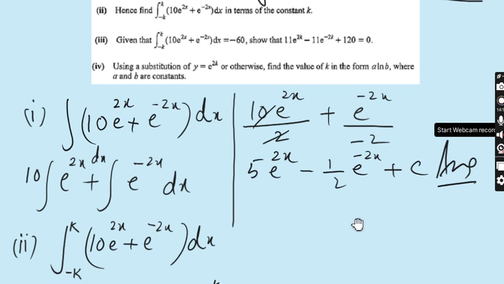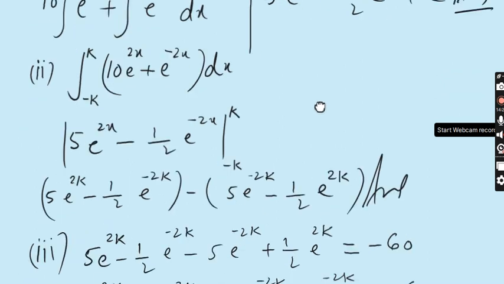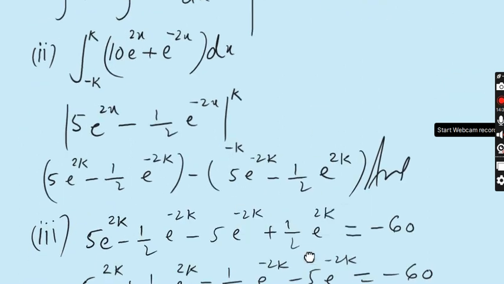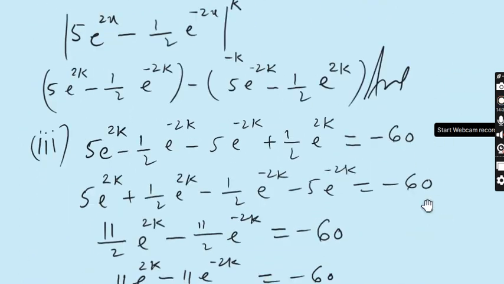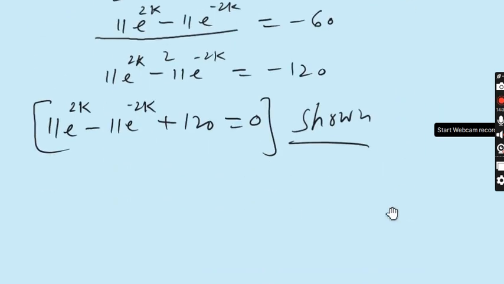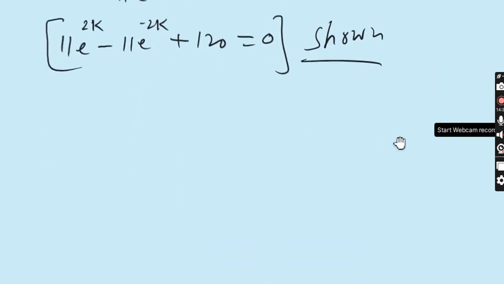So we have found this answer. Now the last part: using a substitution of y equals e^(2k), or otherwise, meaning you can apply another method, find the value of k in terms of a, ln and b, where a and b are constants. Very easy. This is part 4.